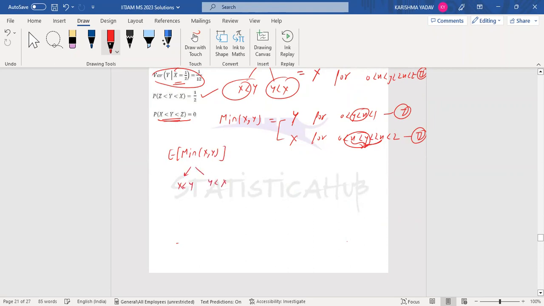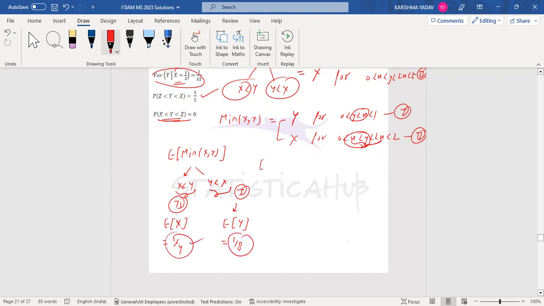If y is less than x, then it is lying in the first region, and if x is less than y, then it is lying in the second region. In the second region we have to find expectation of x, that is if x is less than y, and in the first region we have to find expectation of y, because y is less than x. So we got expectation of x is equal to 1 by 4 and expectation of y is equal to 1 by 8. Now we can see that 1 by 8 is less than 1 by 4.